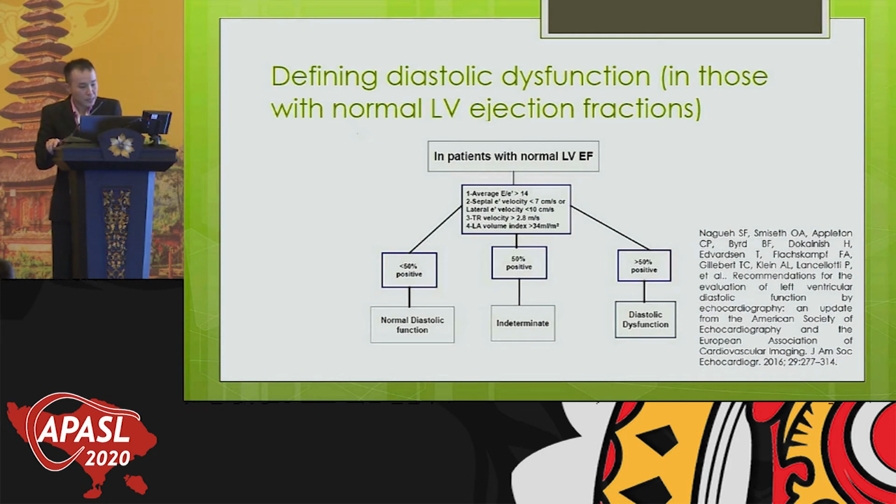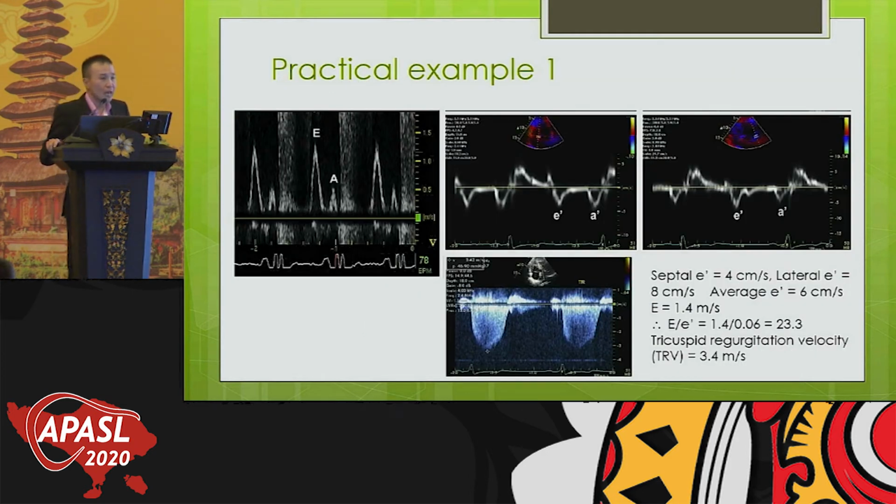So a good example, so that this is all becoming very clear to you all, we can actually look at this example here. So we can see that this is somebody who has an E to A ratio which is certainly greater than 1. This is the top middle image there, E prime. We can see that that's your septal one, which is about 4 centimeters a second. The one on the right is about 8. So average it out, you get about 6 centimeters a second.